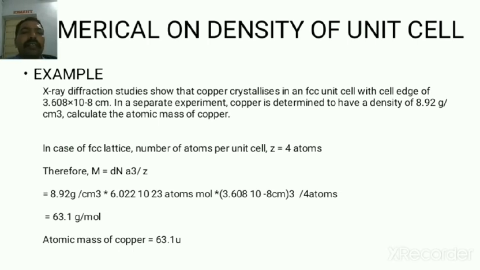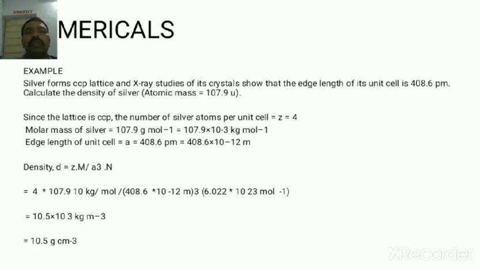Edge length is given, 3.608 into 10 raised to power minus 8 centimeter, cubed, a cube, divided by Z is equal to 4 for FCC arrangement. Calculating all this, we obtain 63.1 gram per mole. Therefore, the atomic mass of copper is equal to 63.1 unified u.